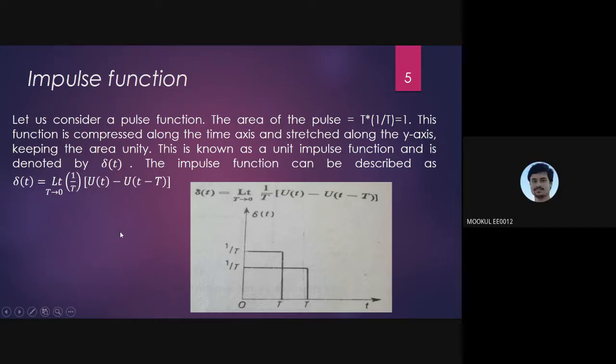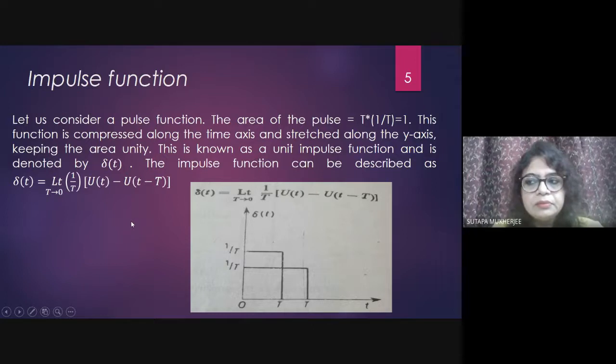Ma'am, here 1 by T is the constant, and u(t) and u(t minus T) are the two step functions, which when we subtract, we get the impulse function. But basically, you know the getting signal. It is like this window.